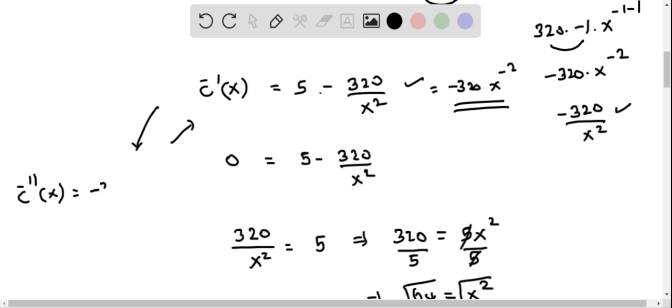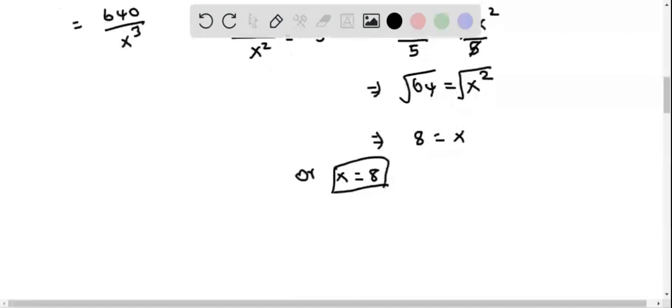So I write negative 320 times, I put this power in front, that is negative 2 times x raised to the power of negative 2 minus 1. And so this equals, this is a positive number, that is 640 times x power negative 3, which I can write as divided by x cube. So it is 640 over x cube.